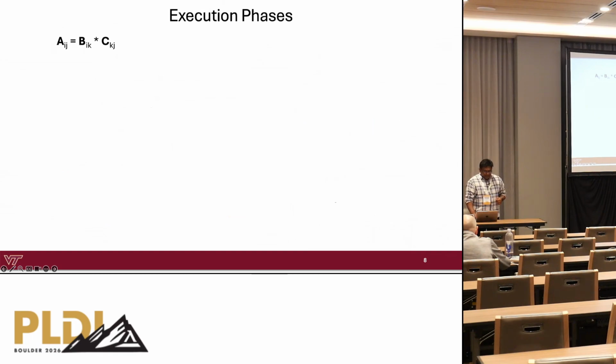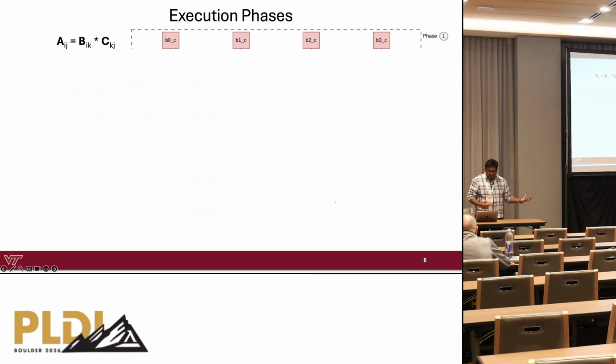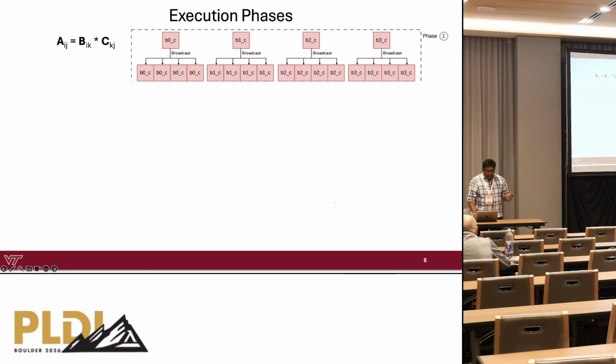So now, how do we vectorize each of these phases that I have talked about? Initially, I want to load a chunk. The chunk size is basically 4. I want to load 4 elements, and I'm only going to perform this computation when the indices match, right?